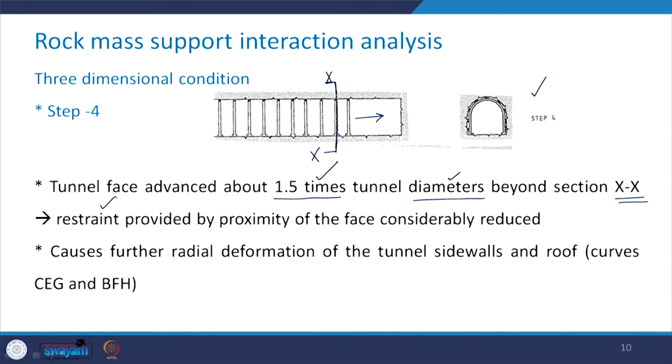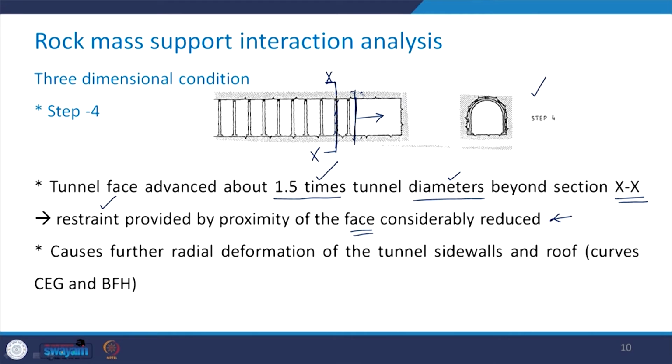So the restraint which was provided by the proximity of the tunnel face has considerably reduced. See, earlier in step 3 the tunnel face advance was here. So this section XX was getting enough restraint because of the rock mass which was present in the vicinity of this tunnel face.